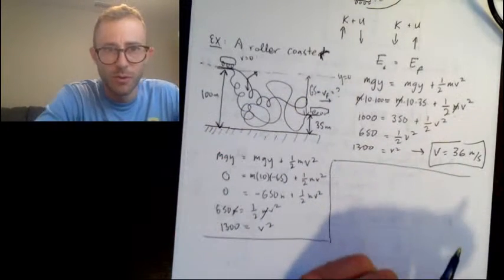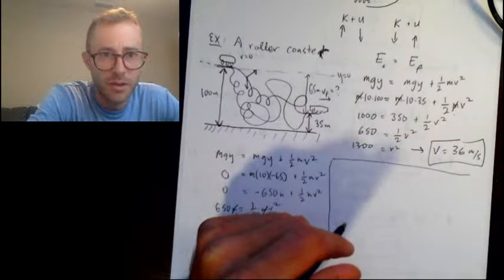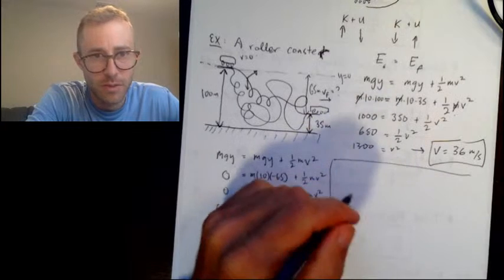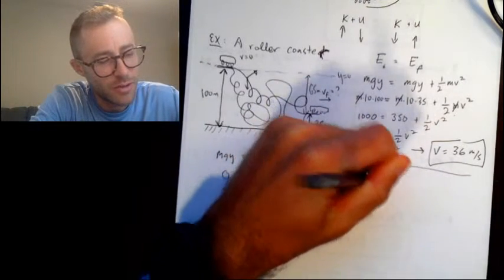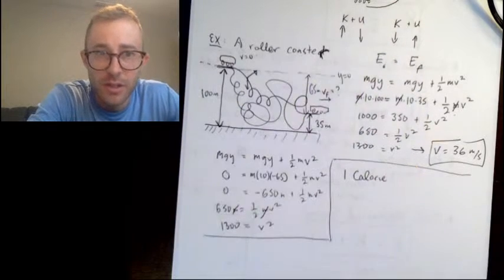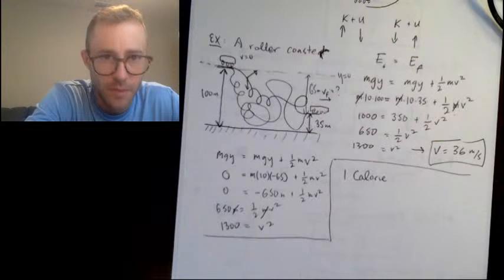I wanted to talk about a few more things before I end my lesson. The other thing I wanted to talk about is the calorie. Okay. 1 capital C calorie. So calorie is a unit of energy. Okay.